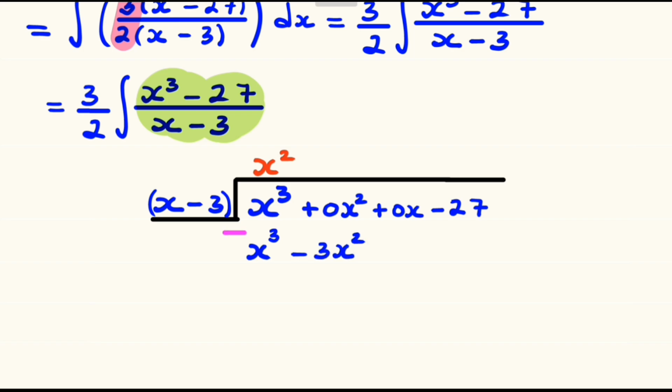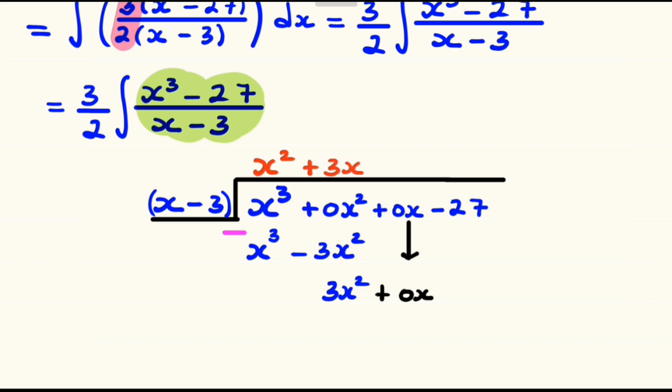Now we minus, so x cubed minus x cubed will be 0. 0x squared minus 3x squared will be positive 3x squared. We drop down the 0x next to the 3x squared. We take the 3x squared, we divide it with the x, and the answer will be equal to positive 3x.